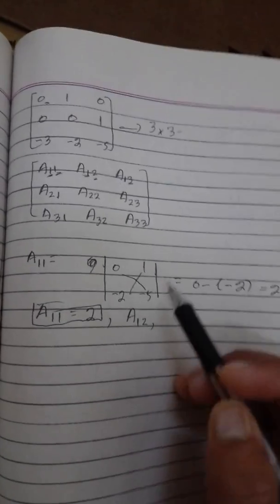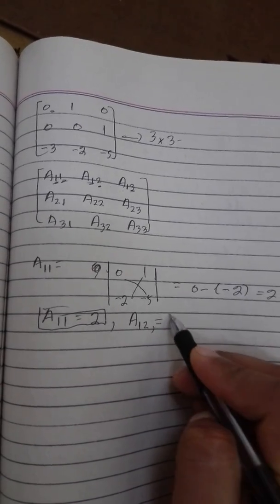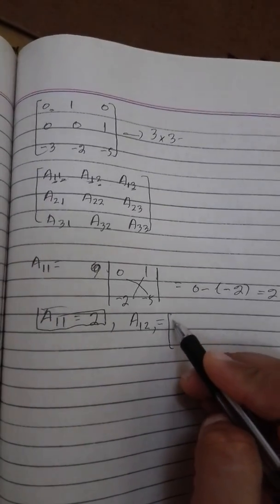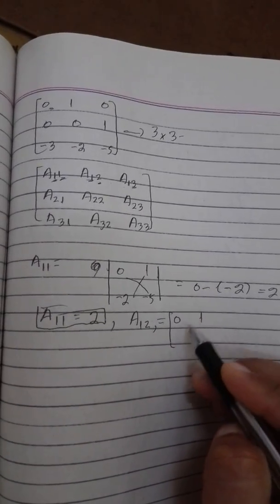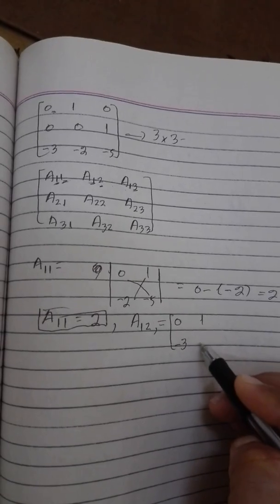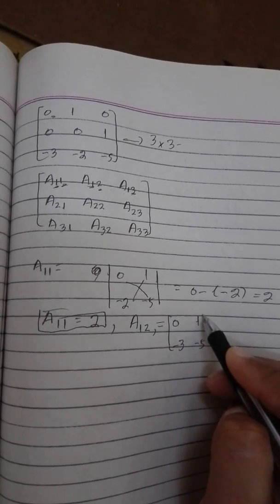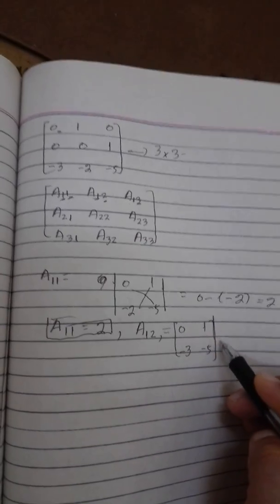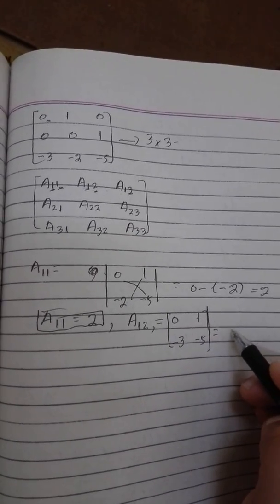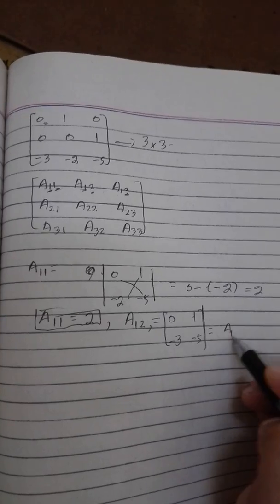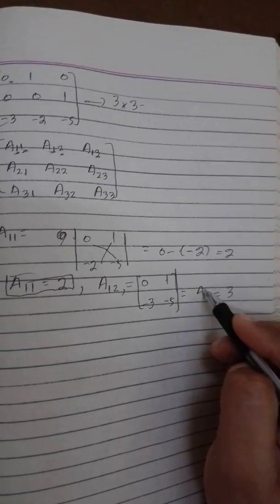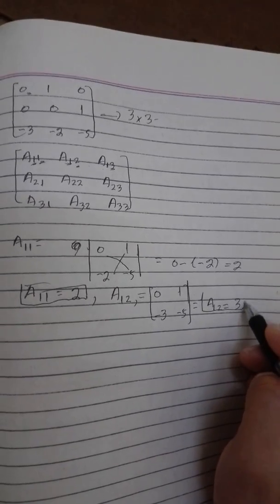The matrix will be left with us as 0 1, minus 3 minus 5, and this is the determinant. Taking the determinant, we are left with A12 equal to plus 3.